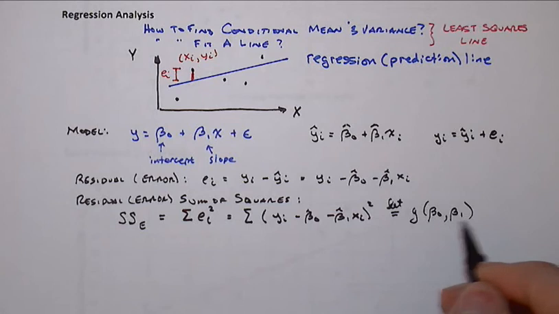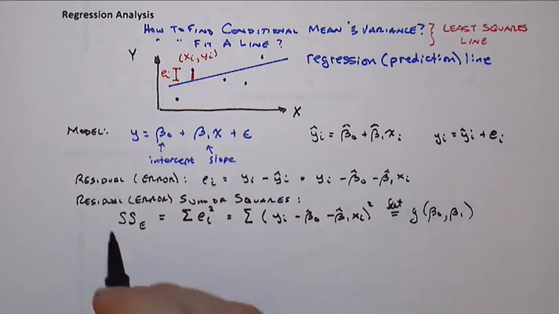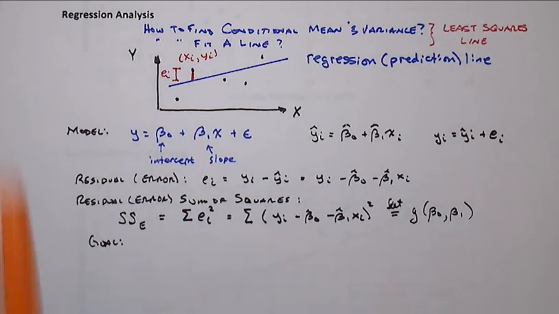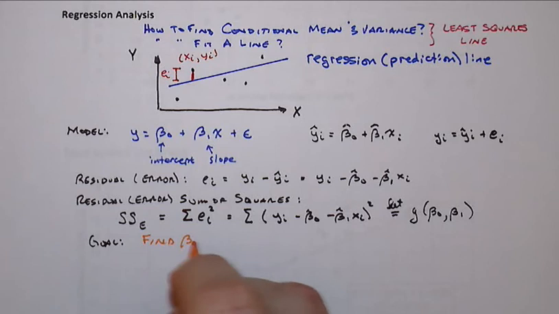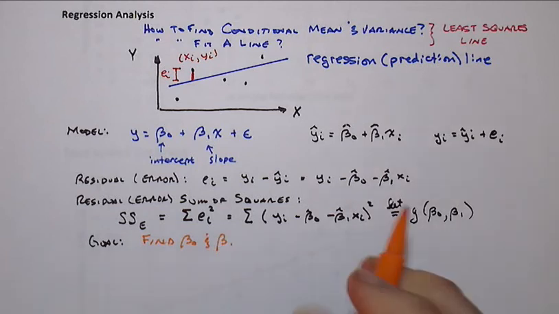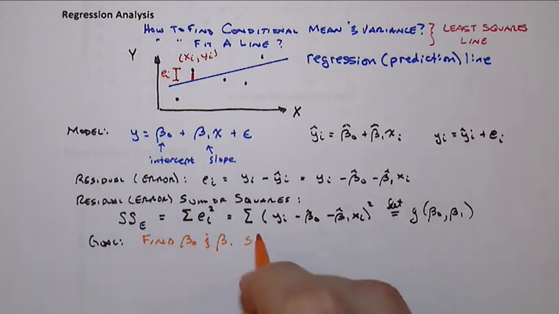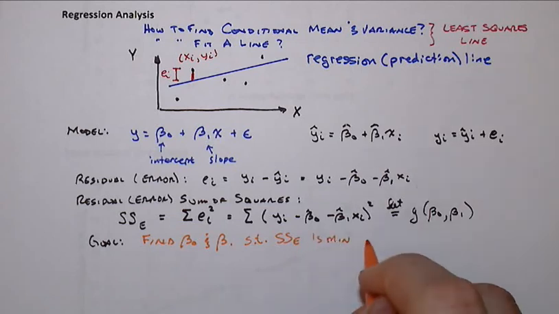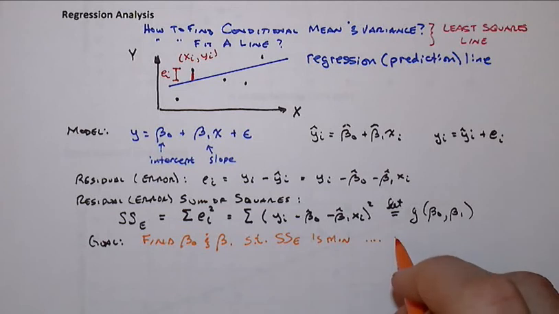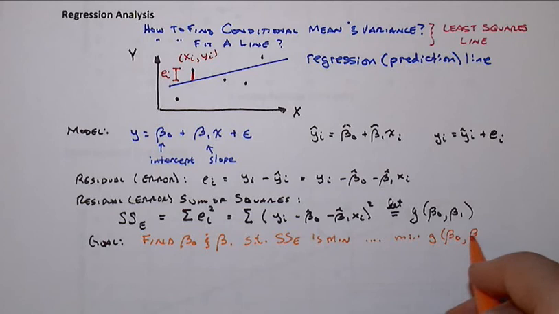Those are the ones that we don't know. Our goal is to find beta naught and beta 1 such that our error sum of squares is minimum, or we're going to minimize our function of beta naught and beta 1.